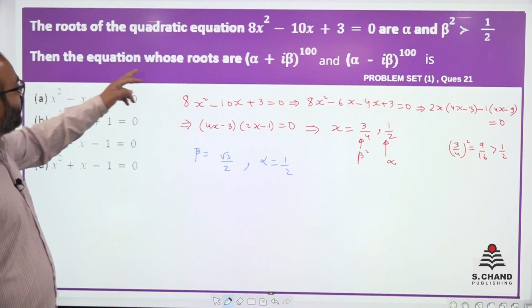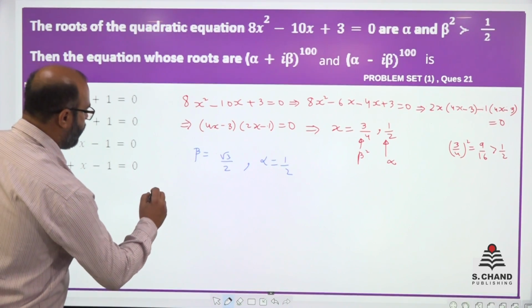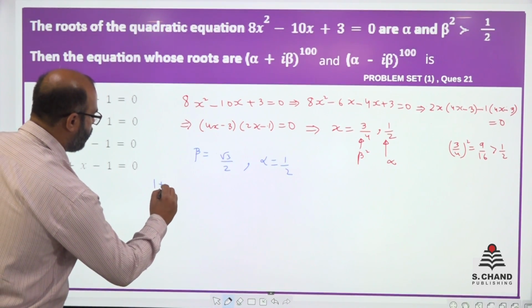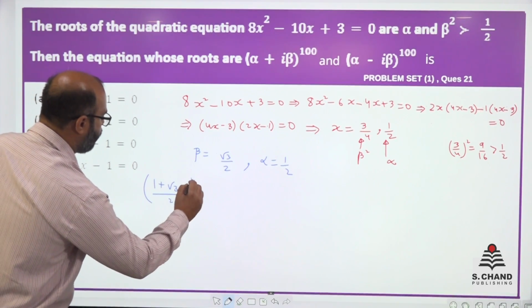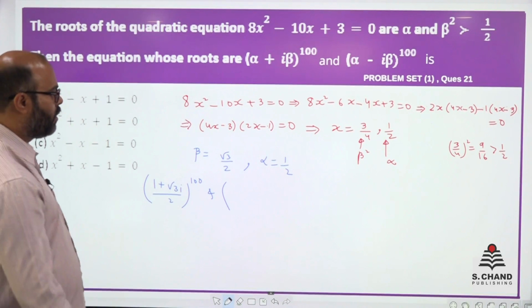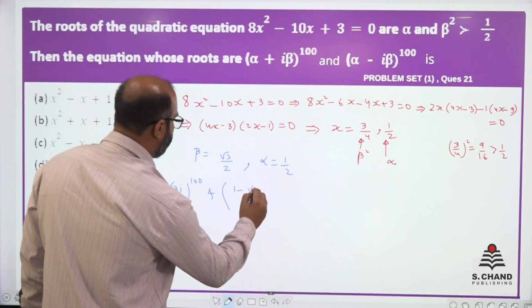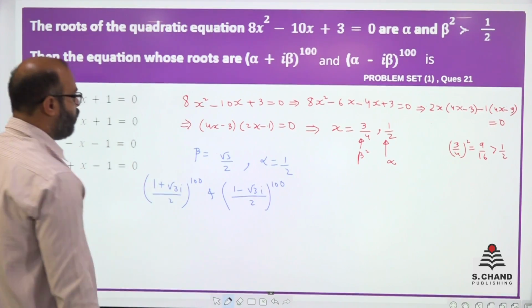Now the quadratic equation has roots alpha plus iota beta to the power 100. So alpha plus iota beta, 1 plus root 3 iota by 2 to the power 100, and another one is alpha minus iota beta, so 1 minus root 3 iota by 2 to the power 100. Now what is this?